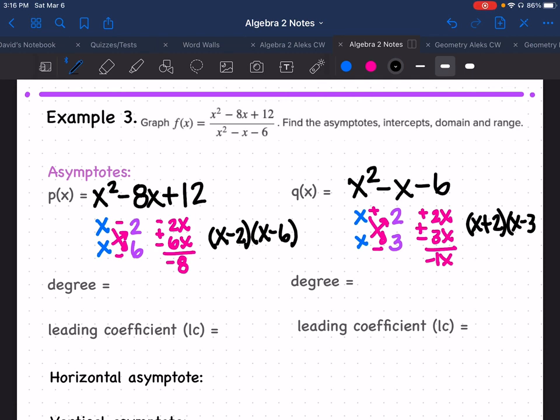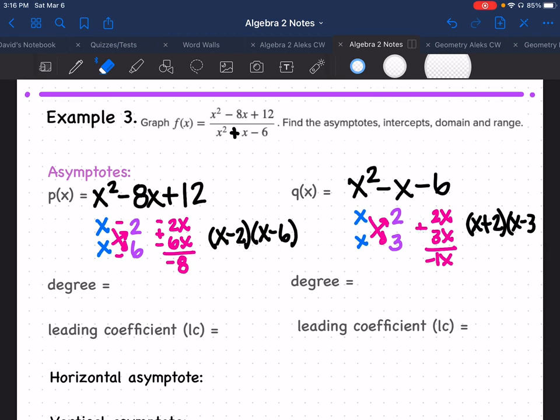Is that correct? I think there was a typo in here. I've done everything correctly, but I think we want it to be this way. I think we want it to be positive. Hold on guys, what I want to erase is this stuff right here.